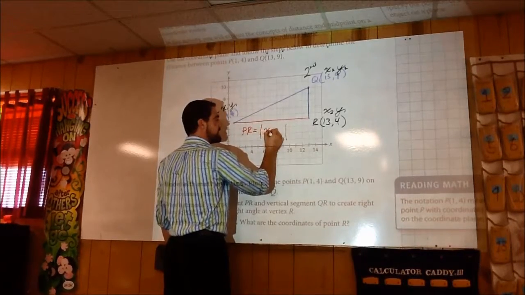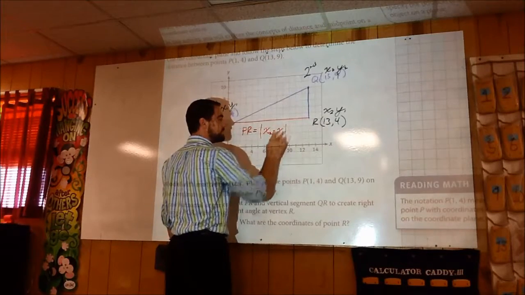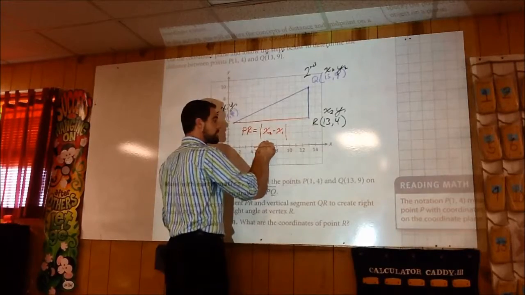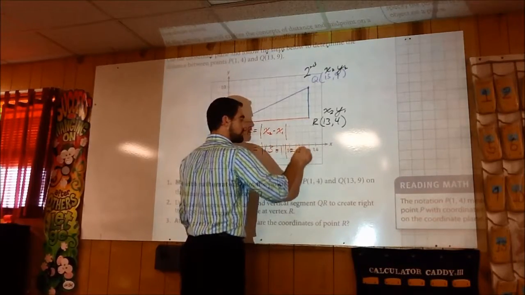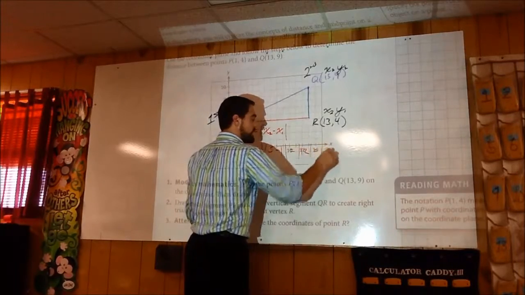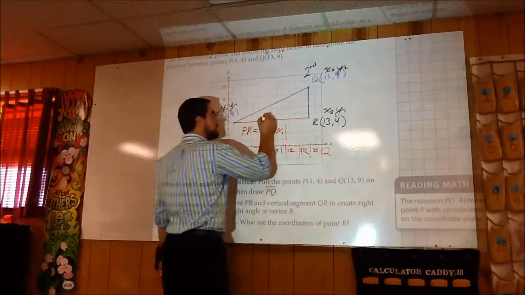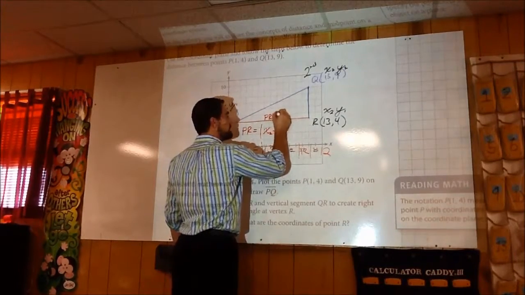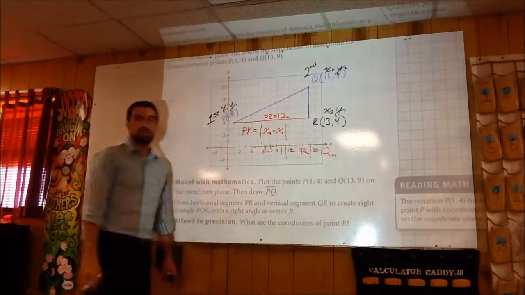And so I'm going to take the difference of x2 and x1. And so the length of segment PR is equal to what? Positive 12. Remember, distance and length is always positive.